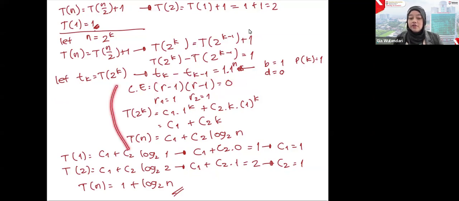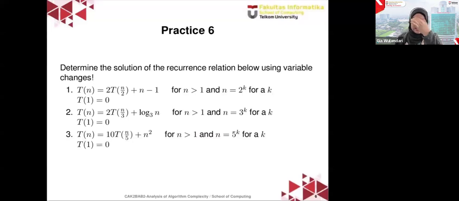And then you solve the non-homogeneous linear recurrence relation, and then you substitute it back to Tn, and then you find the value of C1, C2, and so on, and then you substitute the value to Tn. Then you can find the non-recursive relation for the Tn. Any question for this? Clear enough, yeah? Okay, now we will see some examples.